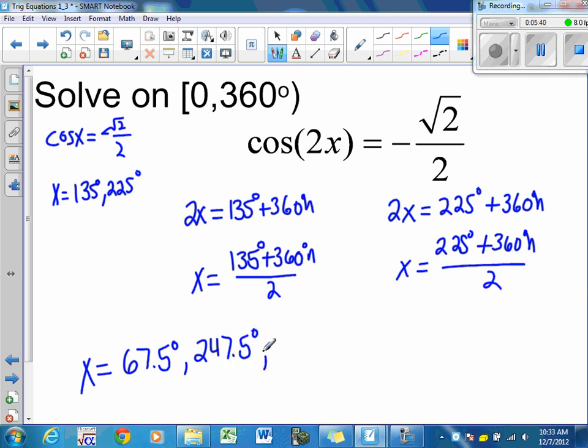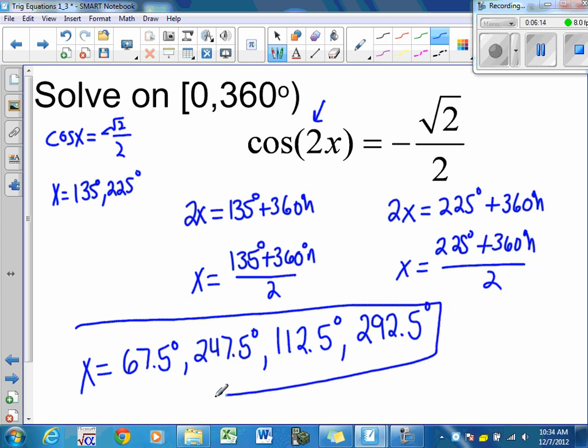Now if n was 2, I would get a number bigger than 360, so I stop. Since there's a 2 here, I only get 2 from each of these x's. Now when n is 0 over here, 225 divided by 2, I get 112.5. And then when n is 1, I get 292.5 for my answers. So there are my 4 answers.